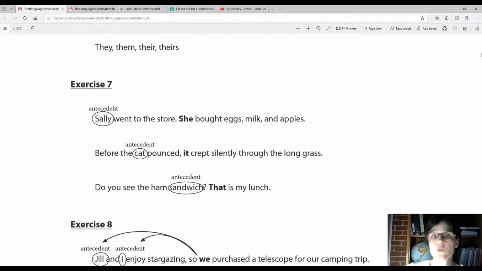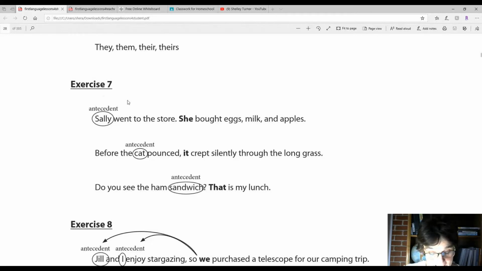Rather than doing that, we can replace a lot of those with a pronoun, she or her, or whatever fits there. And if you're saying it, I or me, a personal pronoun. Okay, so whenever you use a pronoun to replace a noun, the noun that it replaces is called the antecedent. Generally, the antecedent goes before the pronoun.